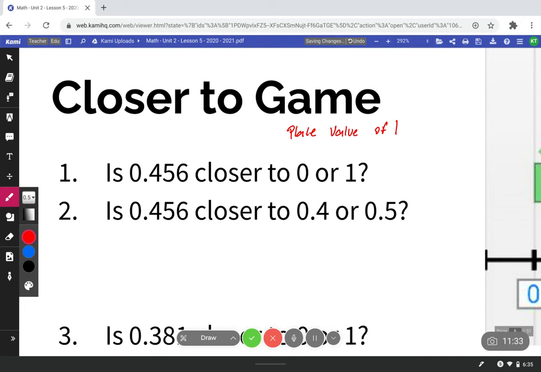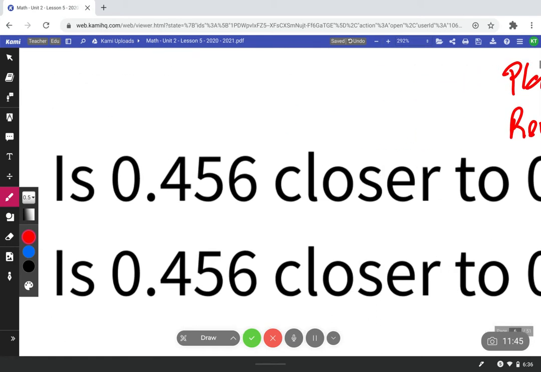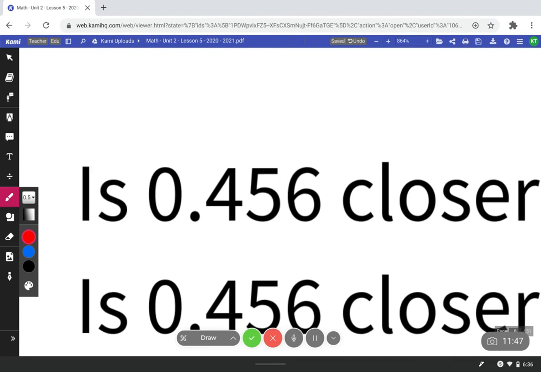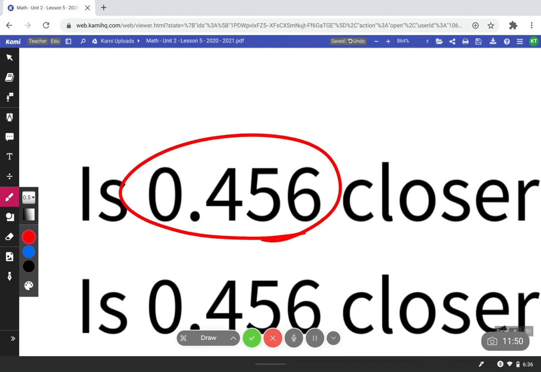So they are asking us to round to the nearest 1. So we need to round this entire number to the nearest 1.